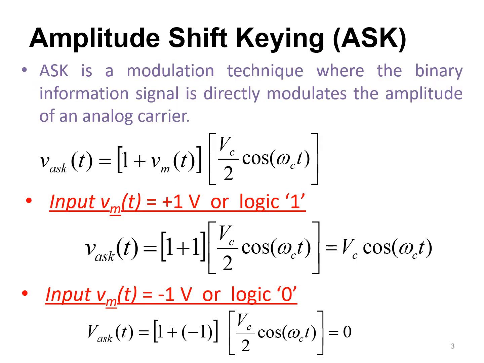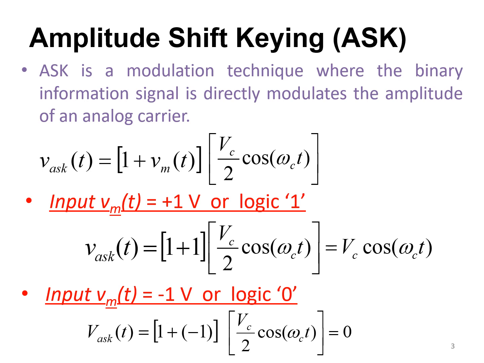ASK is a modulation technique where the digital information signal directly modulates the amplitude of the analog carrier. Based on the given mathematical equation of the ASK waveform, Vm(t) represents the information signal and Vc represents the amplitude of the analog carrier.